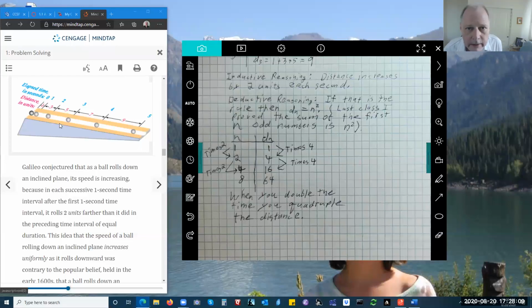Now that's an inductive conjecture based on the examples that we have so far.